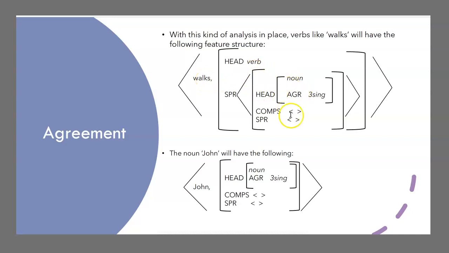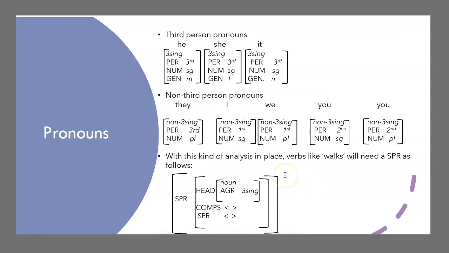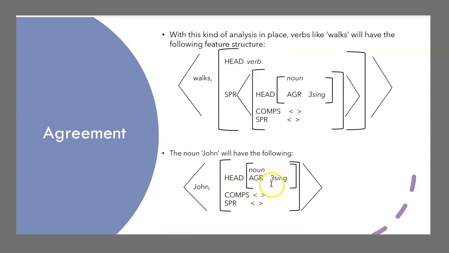So remember, we haven't mentioned here the AGR feature structure. What is the AGR feature structure actually? It will be person third, number singular, gender masculine. That we haven't specified. Even if you specify, it is okay with this, because the specifier of walks doesn't specify whether it needs masculine or feminine or anything.